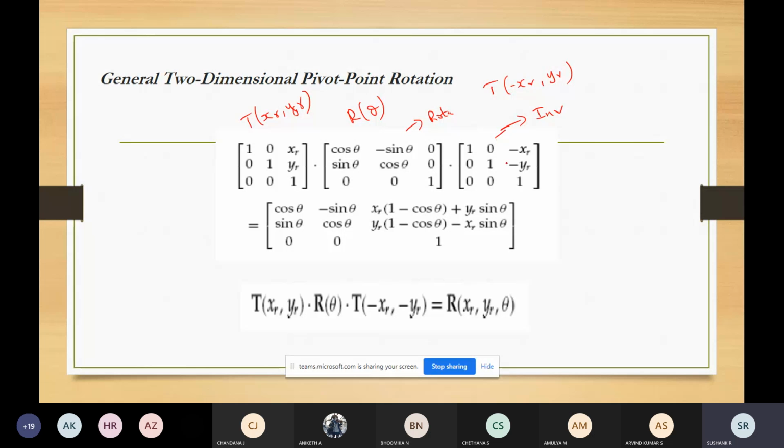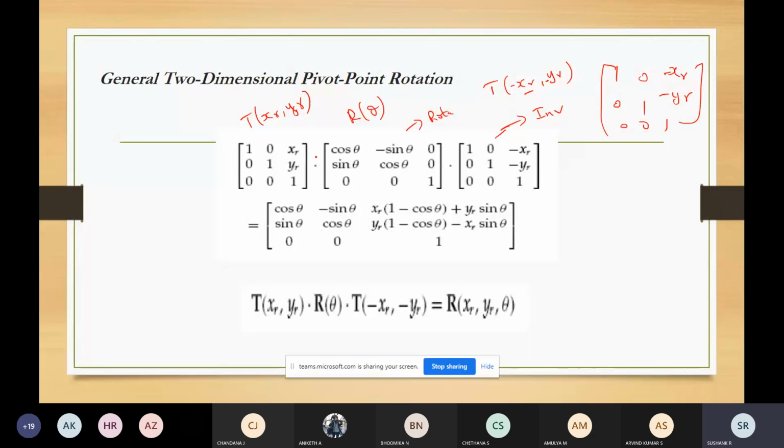Inverse translation is given by this factor. You have studied this: the matrix with 1, 0, 0, 1, and Tx, Ty, where Tx is minus XR and Ty is minus YR. So that is being represented. And for this theta, cos theta, the rotation factor in 3-dimensional representation. Again the translation, so you are moving it back.